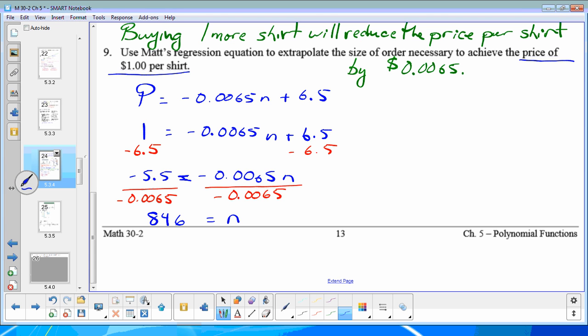Okay, and we should explain this in words, because this number has meaning, right? So we can say, when Matt orders 846 shirts, the price should be about $1 per shirt.